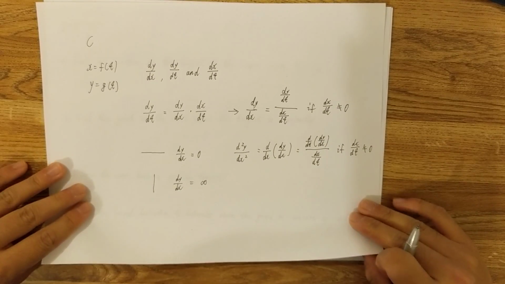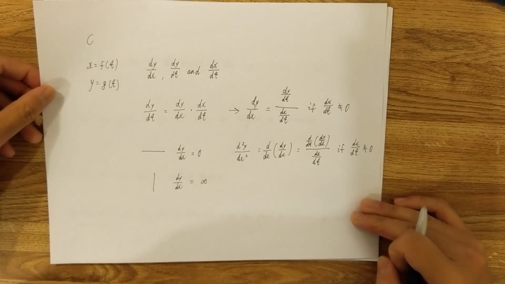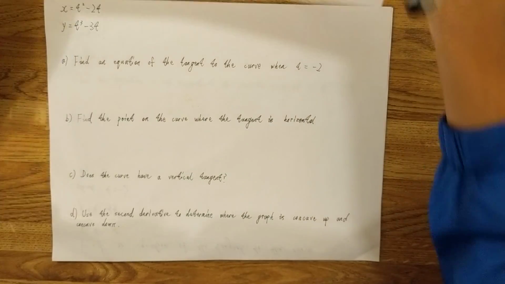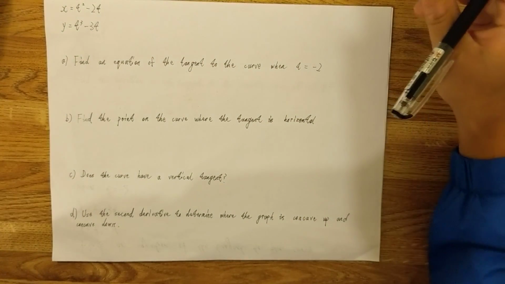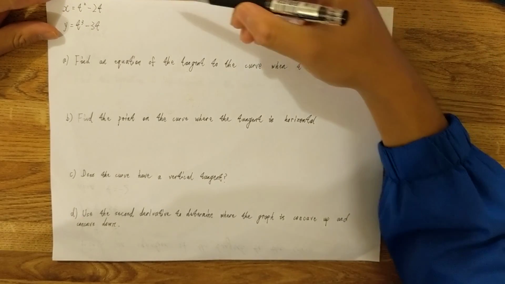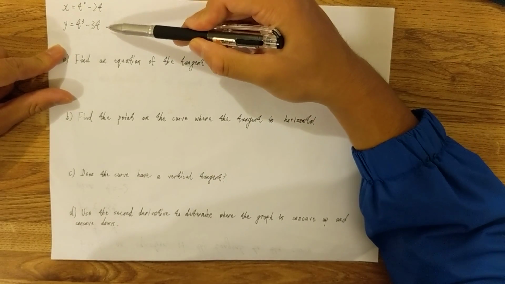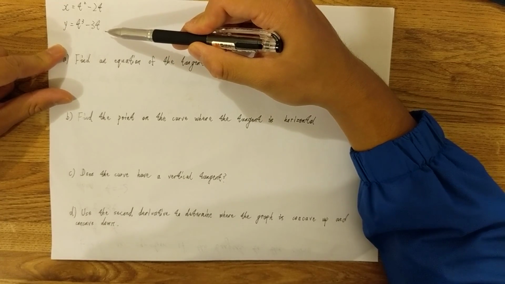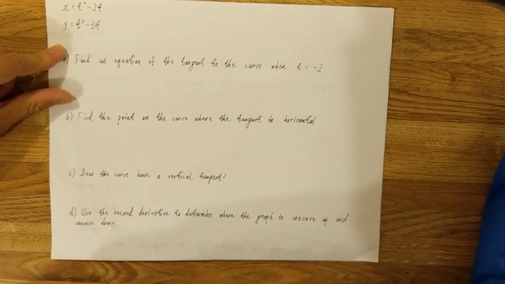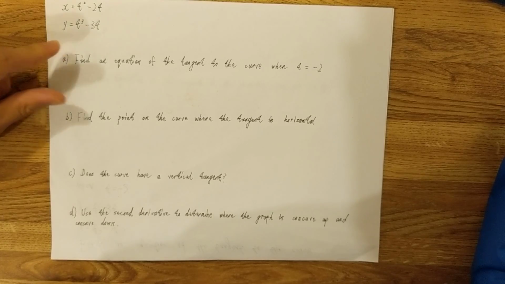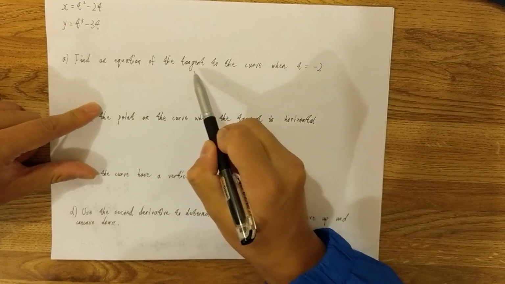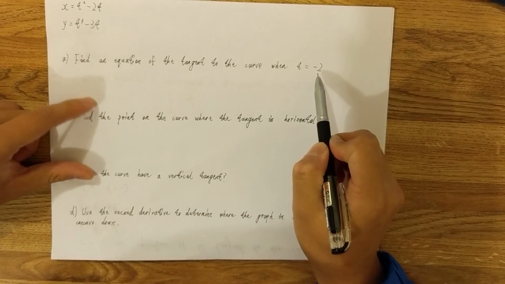Okay. So let's go through some examples. So first, say we have parametric equations x equals t squared minus 2t, y equals t cubed minus 3t. So A, find an equation of the tangent to the curve when t equals -2.